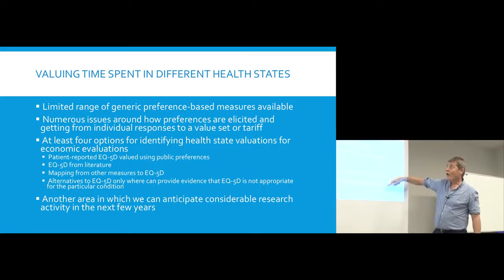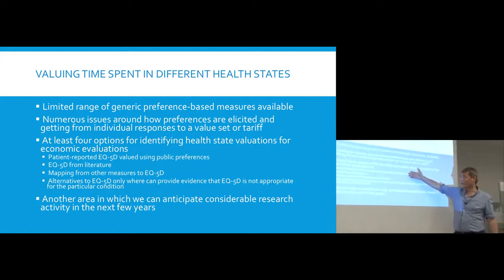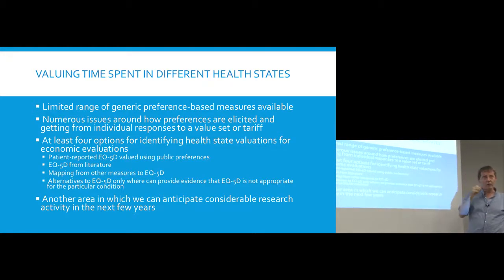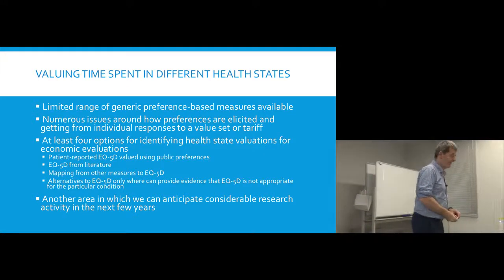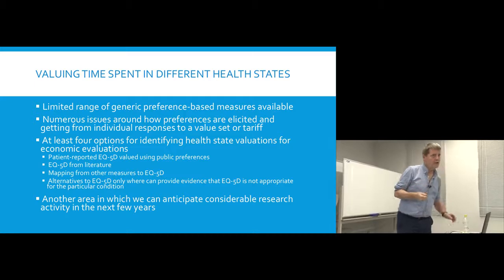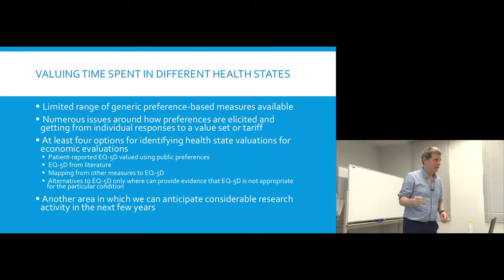There are at least four options when you want health state valuations for economic evaluations. One is, and this often is the preferred option, you want patient-reported data, but valued using public preferences. So patient-reported, that's the patient saying how they are. It's the patient completing, say, an EQ5D questionnaire.